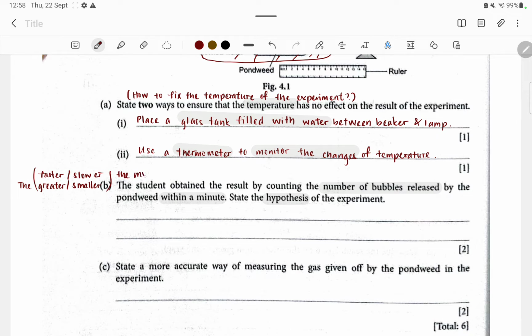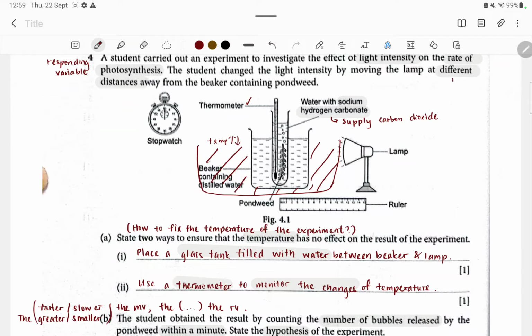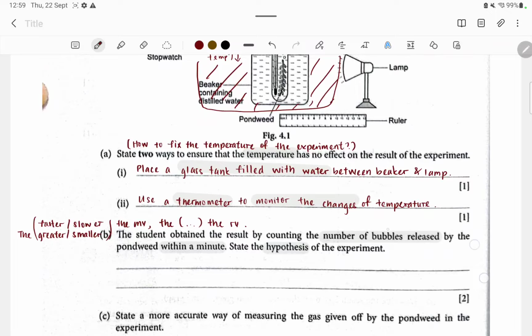The MV, whatever, the RV. MV is manipulating variable. Here we already know, this one is MV, different distance. This one is the responding variable. So just write.